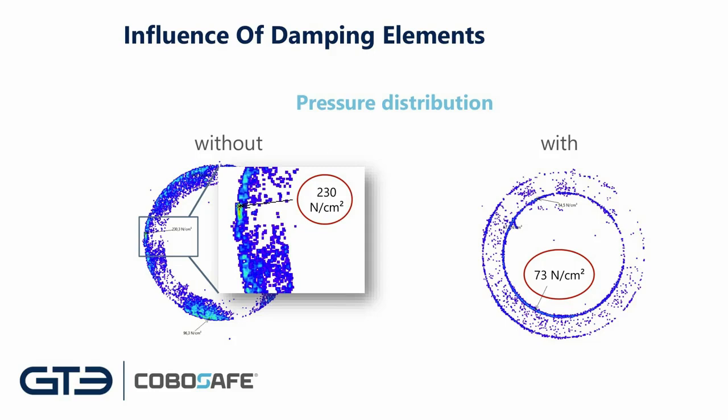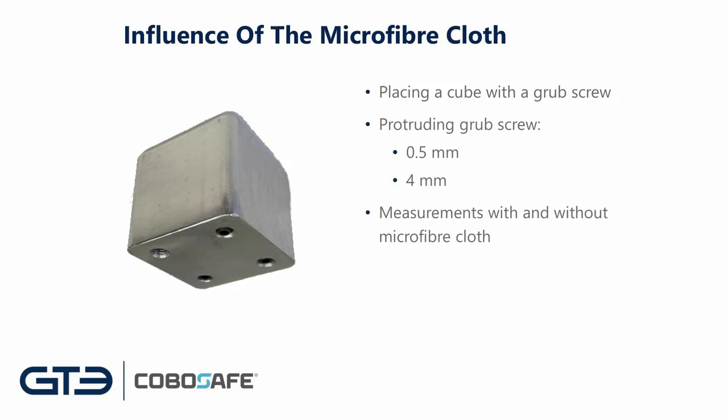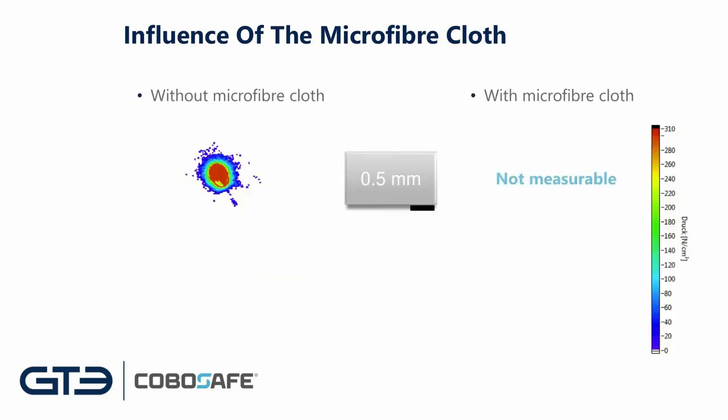So, microfiber cloth. Why do we need that high-tech microfiber cloth? We performed measurements with a cube and a 0.5 millimeter protruding grub screw, and with a 4 millimeter protruding grub screw, with and without microfiber cloth for each measurement. As you can see here, for the measurement without microfiber cloth, we received that deep red discoloration or pressure distribution. And with microfiber cloth, it was not measurable.